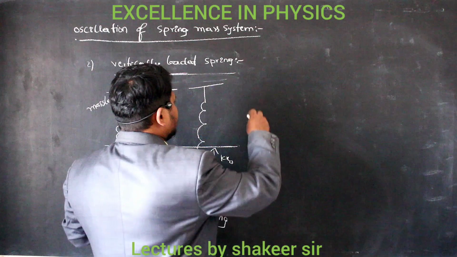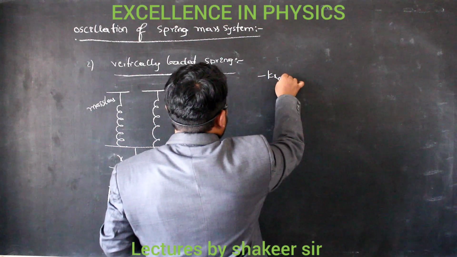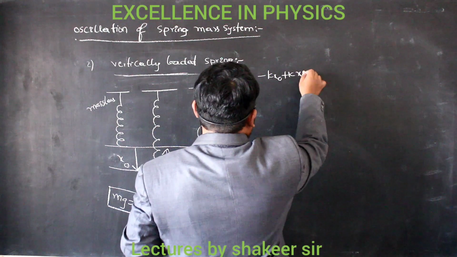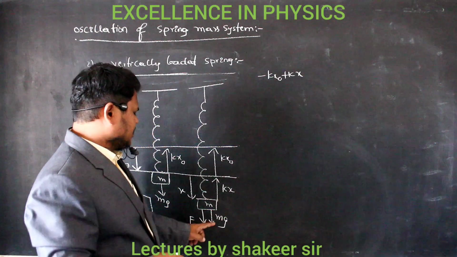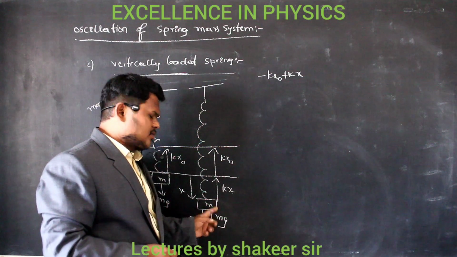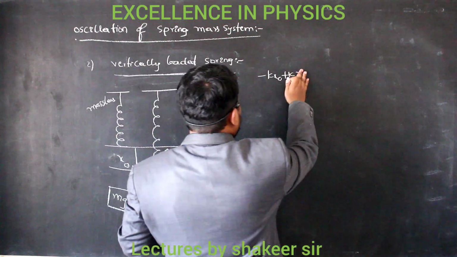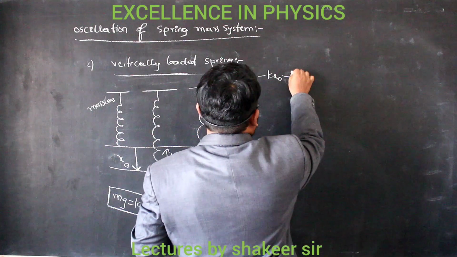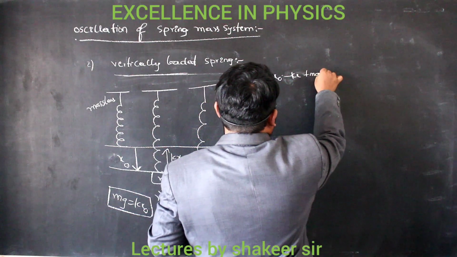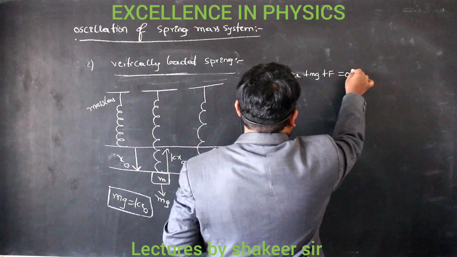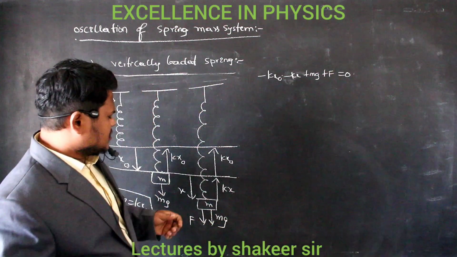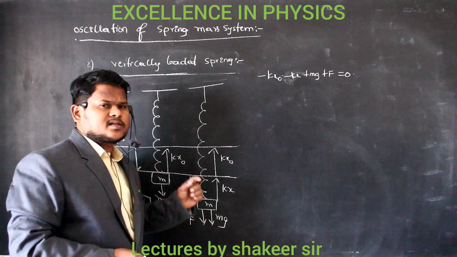So what I can write: minus kx naught minus kx. And what about this force F and mg, they are acting in the opposite downward direction, so their sign I will write to be positive. So this is minus kx naught minus kx plus mg plus F. Totally it should be equal to 0, because the net force acting on this mass is 0.